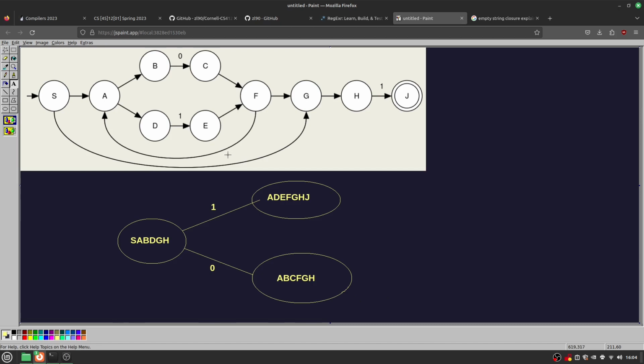Not sure where we go from here. Say we get to one of these states, so we go from S to A. I may have misunderstood this. Alright, I'm going to keep reading.